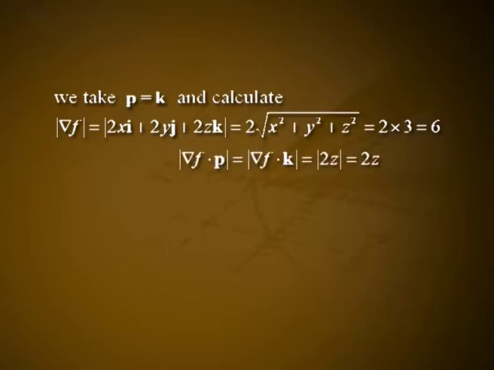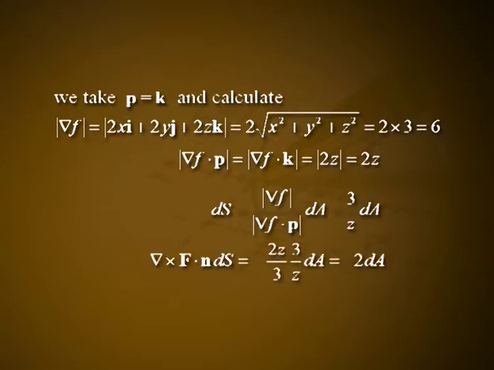Magnitude of del f dot p is equal to magnitude of del f dot k, which is equal to magnitude of 2z, which is equal to 2z. dS is equal to magnitude of del f by magnitude of del f dot p dA, which is equal to 3 by z dA. Del cross F dot n dS is equal to minus 2z by 3 into 3 by z dA, which is equal to minus 2 dA.